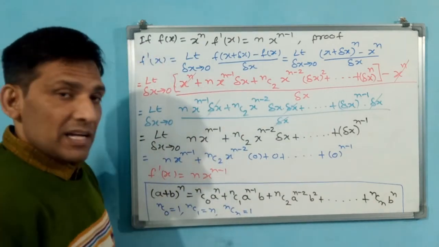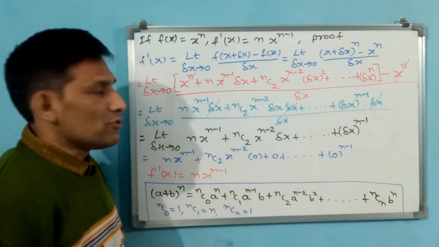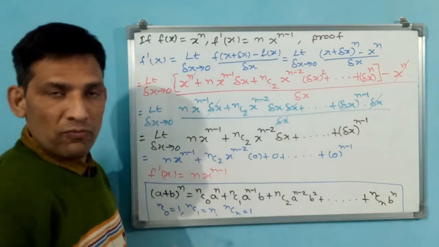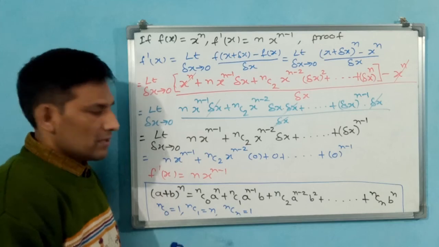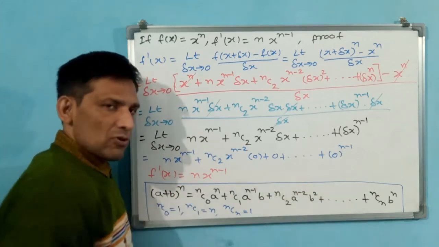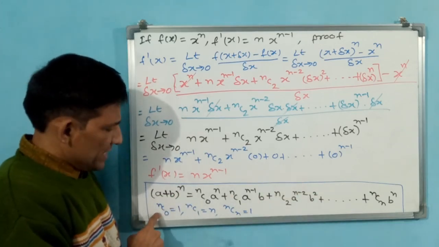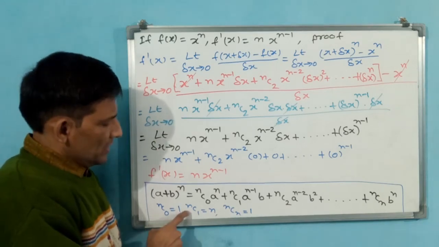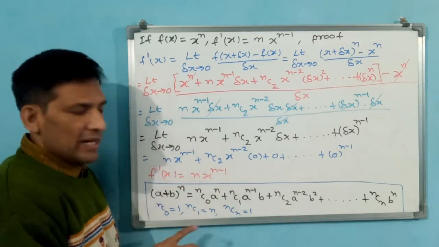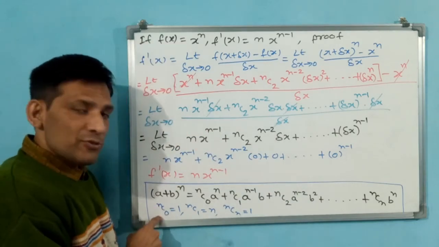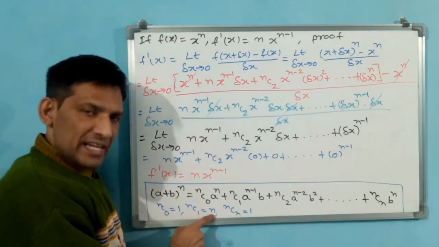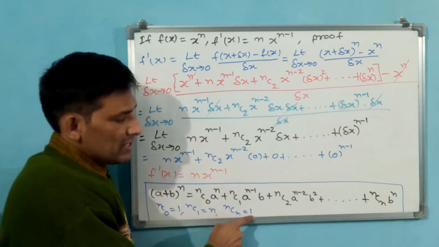Unless you understand this binomial expansion, you cannot understand this proof. But binomial expansion is a different chapter, so whatever is required, I have told. Keep these in your mind: nC0 is 1, nC1 is n, irrespective of n. n may be 2, 3, 4, whatever it may be. nC0 means 1, nC1 means n, nCn means 1.